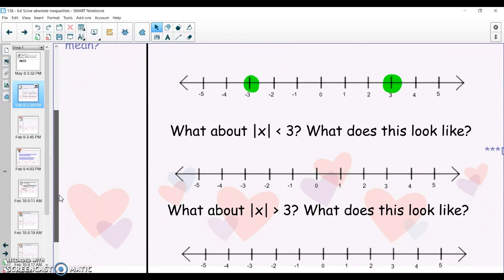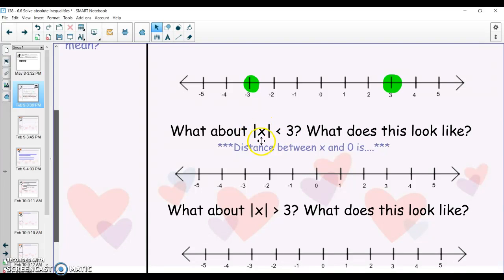But think about it like this. What about the absolute value of x being less than 3? What does this look like? Think about it. Doesn't this basically tell you that the distance between 0 and x is less than 3?